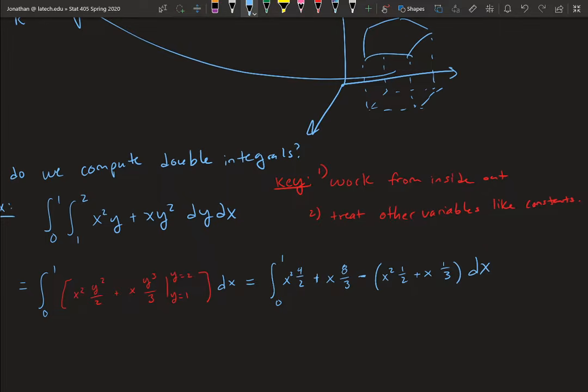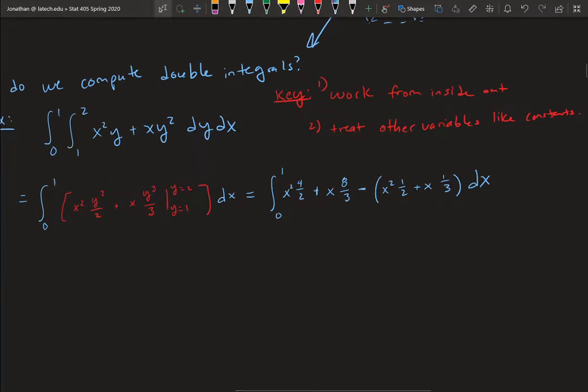So I'm just plugging in what y is equal to. First of all, I plug in y equals 2. I get 2 squared, which is 4 over 2, times x squared, plus x times 2 cubed, which is 8. So that's how I got the 4/2 and the 8/3.